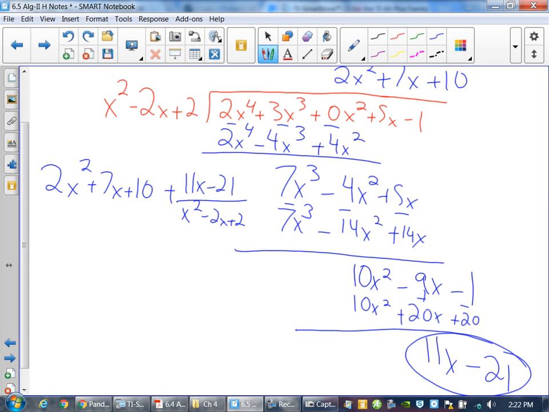This is what the remainder looks like. It's no different than our remainder before was 8, 8 over 12. In this case, it's just a polynomial. That's all. And that remainder is actually the slant asymptote if we were to graph these two equations together.